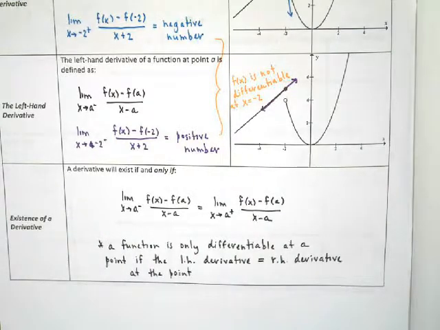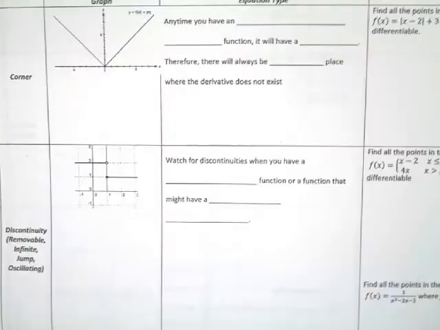So differentiability is just talking about the derivatives. Now we're going to look at some graphs and some types of functions to figure out places where the derivative does not exist.